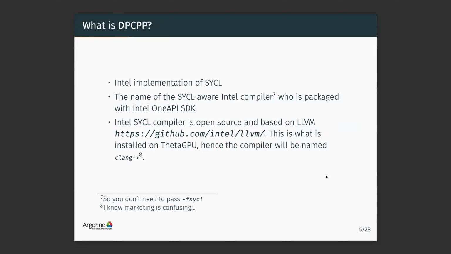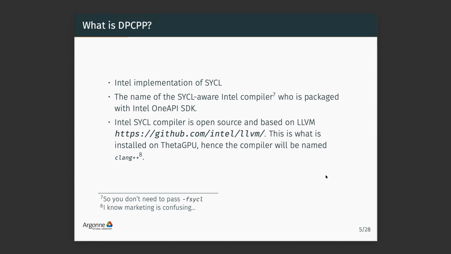Maybe a little jargon, because afterwards it's confusing. DPC++, like I said, is just the Intel implementation of SYCL. It is also the name of the compiler. If you install oneAPI, the new big Intel software infrastructure, like the NVIDIA HPC toolkit, you will have a compiler inside called DPC++.